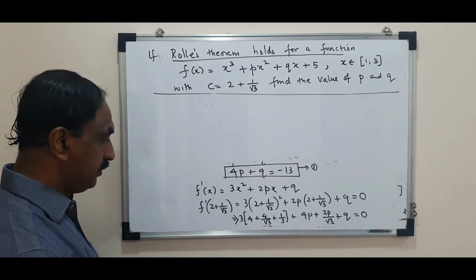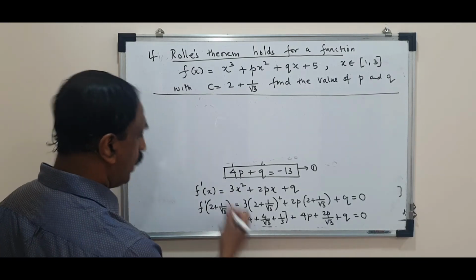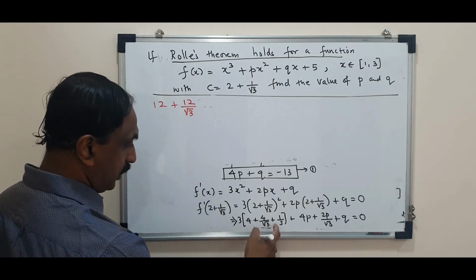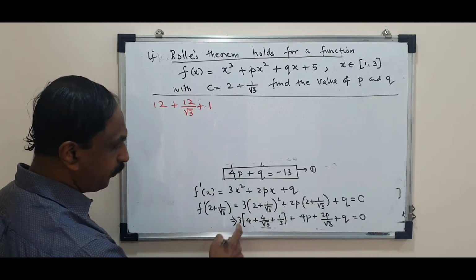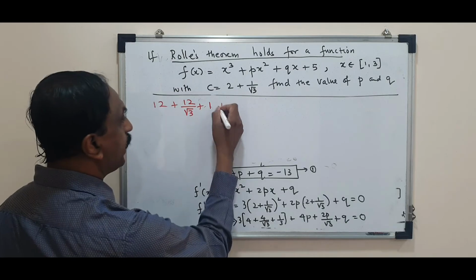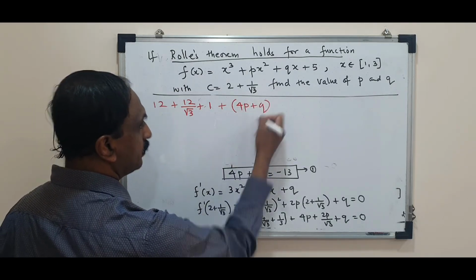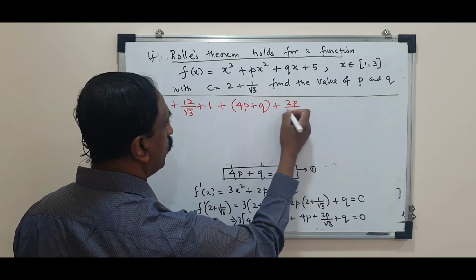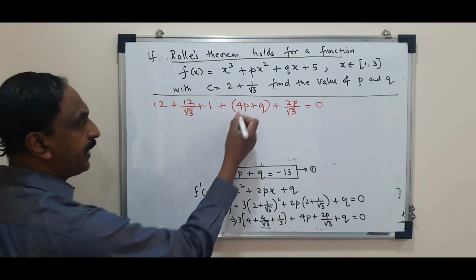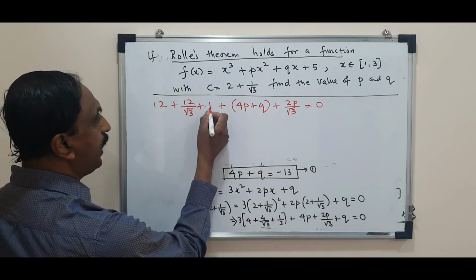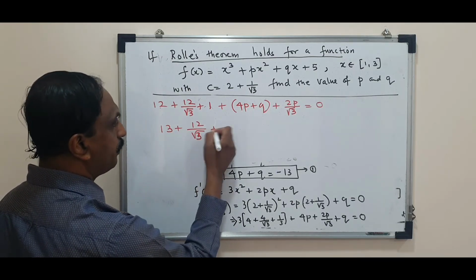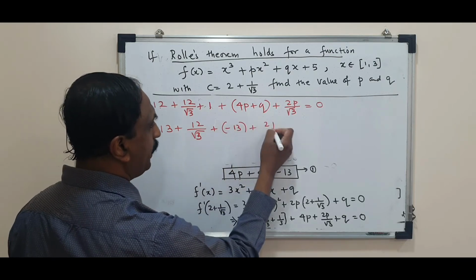So I have 12 plus 12 upon root 3 plus 1, since I multiply 3 into 4, 3 into 4 upon root 3, and 3 into 1 by 3. Then 4p and q I will take together, and 2p by root 3 over here, and that should be equal to 0. Now I can replace 4p plus q by minus 13, and 12 and 1 will give you 13. So 13 plus 12 upon root 3 plus minus 13 plus 2p upon root 3 is 0.